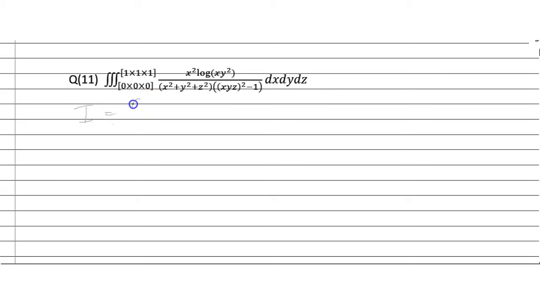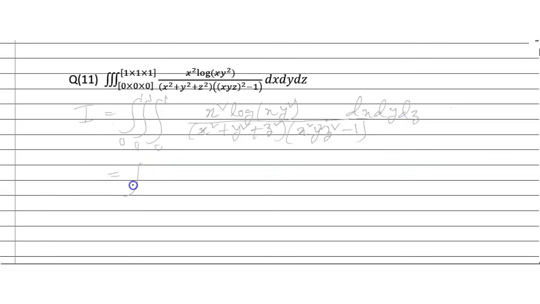I equals triple integral 0 to 1, 0 to 1, 0 to 1, z square minus 1. So friends, this is my I. So I can use the symmetry formula.